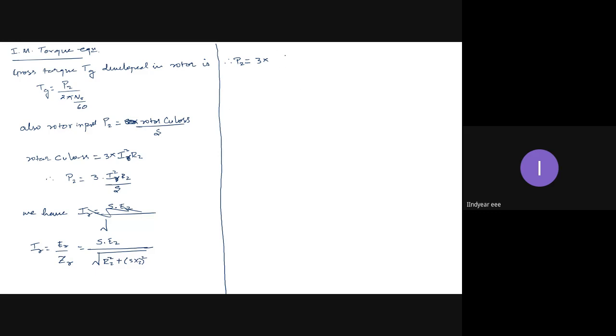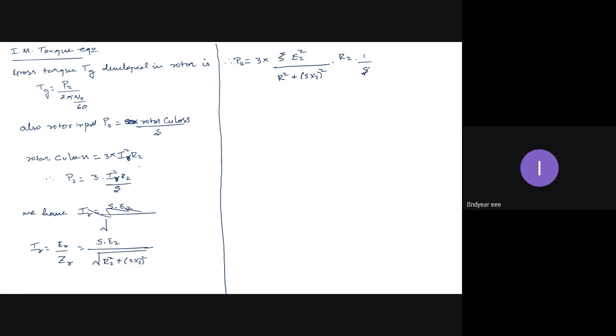So IR square is S square E2 square divided by R2 square plus S X2 square, into R2 into 1 by S. So one S will go off.